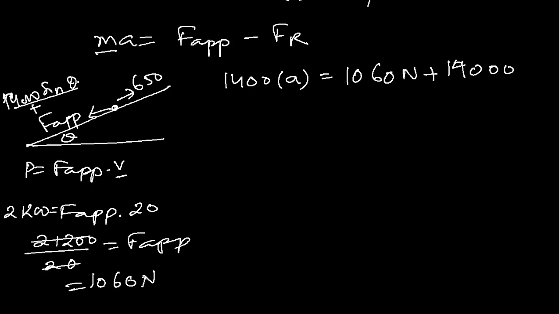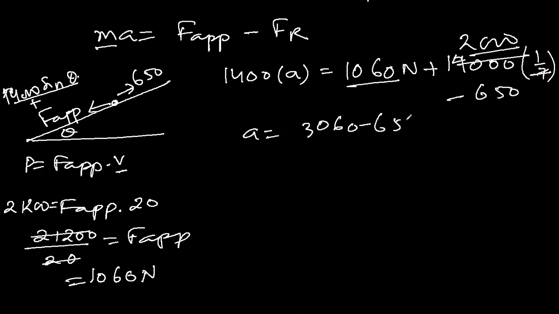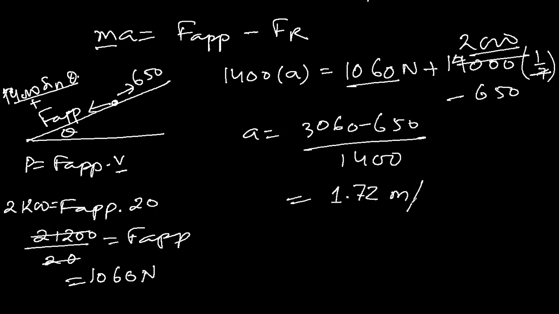Let's do 1/7, minus 650 newtons. 7 cancels again, and this becomes 2000. So acceleration will be 1060 plus 2000, 3060, minus 650, divided by 1400. And it comes out to be 1.72 meters per second squared.